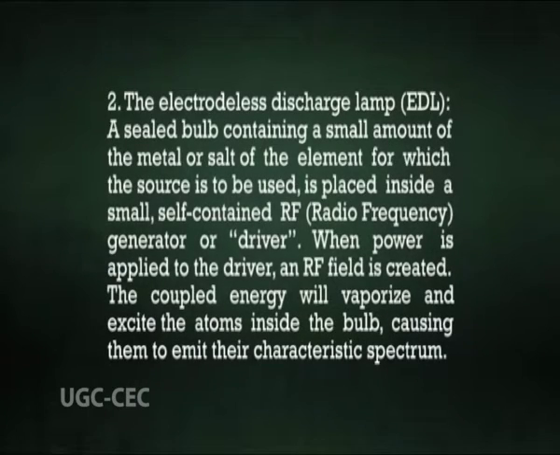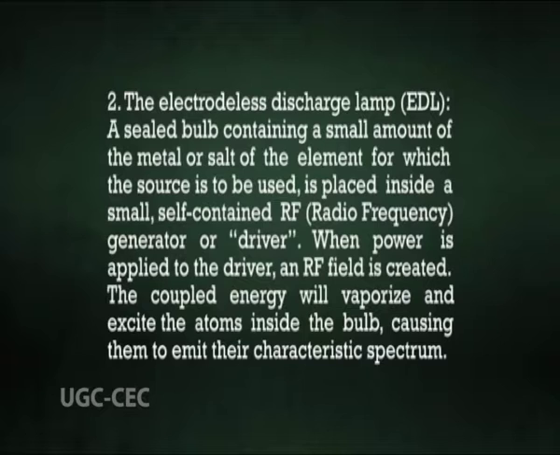Number 2, the electrode-less discharge lamp, in short EDL. A sealed bulb containing a small amount of the metal or salt of the element for which the source is to be used is placed inside a small self-contained RF, that is radio frequency generator or driver. When power is applied to the driver, an RF field is created.